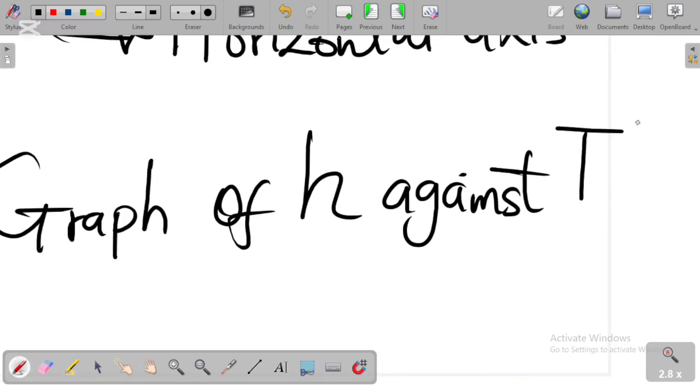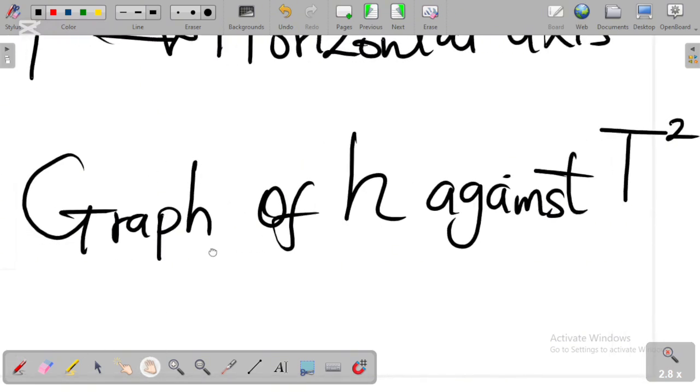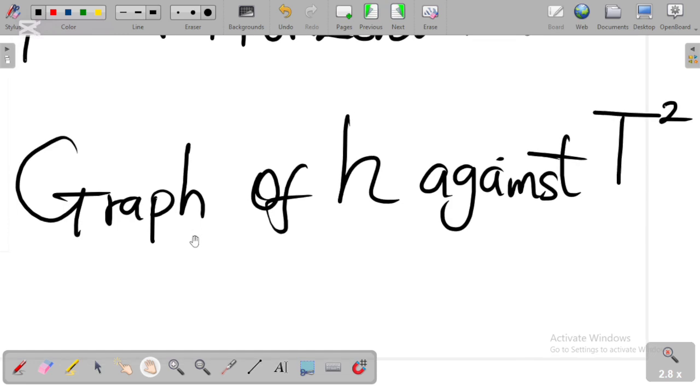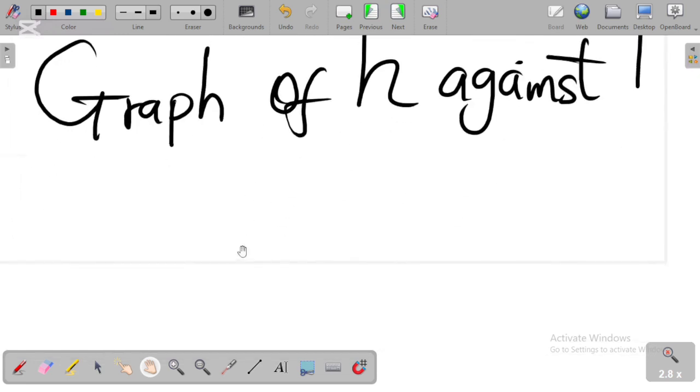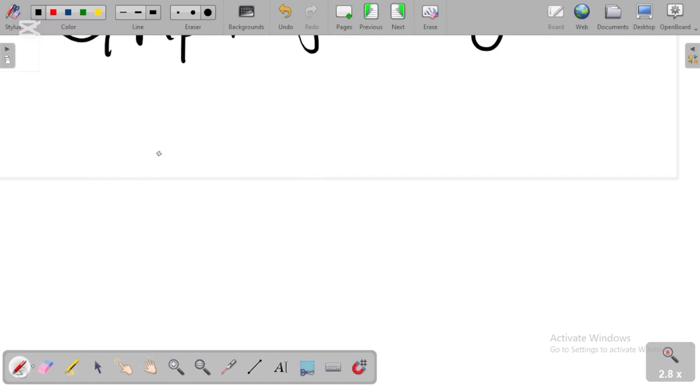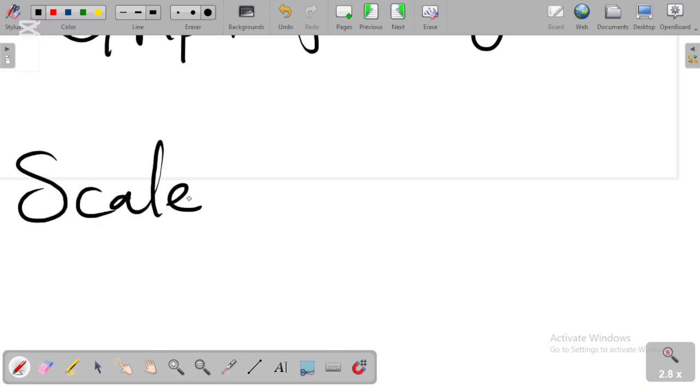Against t square. So this should be the title of your graph. H against t square. All right, so our next task is to get the scale of the graph. All right, so I'm going to show you what a graph looks like.